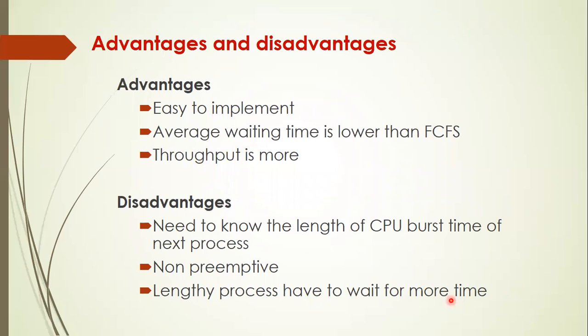After the execution of one process is over, again search the entire list to pick up the next process with the lowest CPU burst time. So each time we have to search the entire ready queue, and that takes a little bit of extra time.